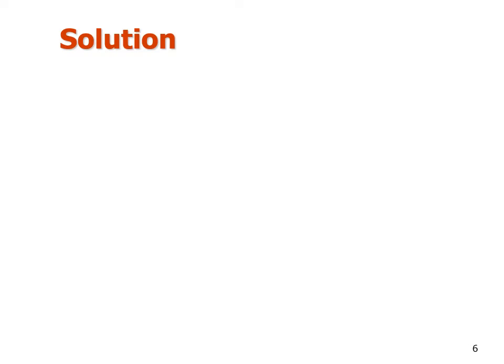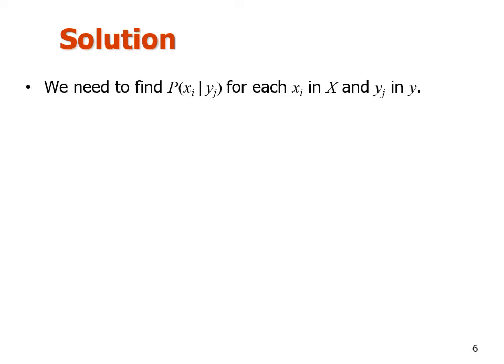We are going to solve this problem using Naive Bayes classifier. So we need to find out probability of xi given yj for each xi in capital X and yj in Y. To interpret probability of x given y, let us consider one example.